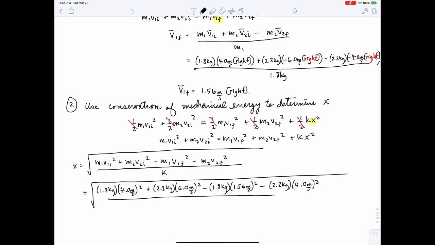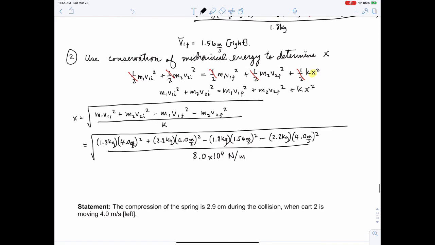They tell us to find x when object 2 is traveling at 4 meters per second. Divide this by the spring constant, 8 times 10 to the power of 4 newtons per meter.